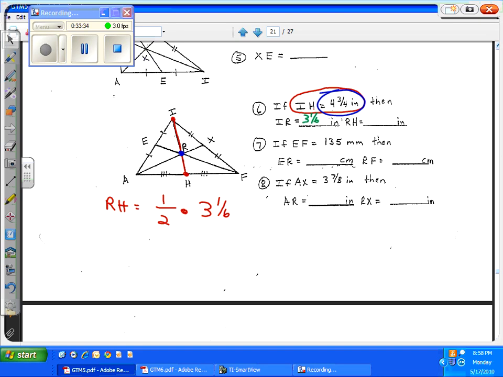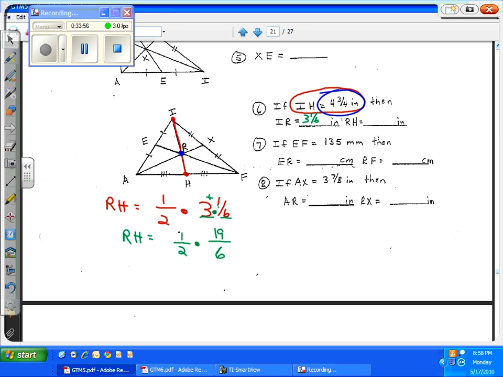RH is a little piece. It is 1/2 of the big piece, so it is 1/2 of 3 1/6. Again, we need to make this improper. 3 times 6 is 18 plus 1 is 19 of those little sixths. 1/2 of that is the same as 1/2 times that.